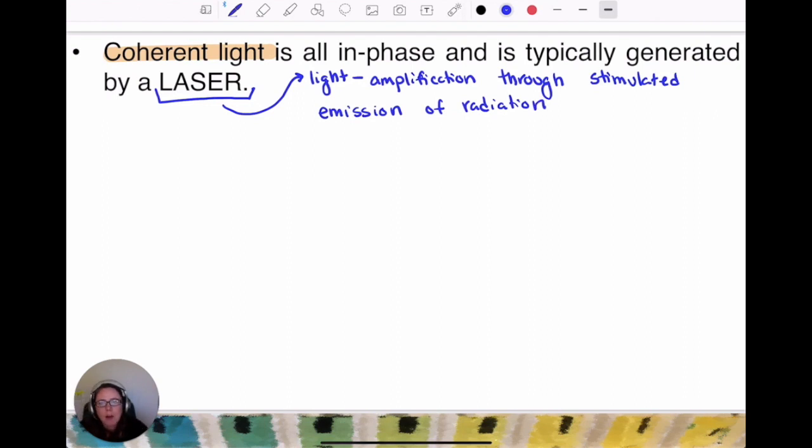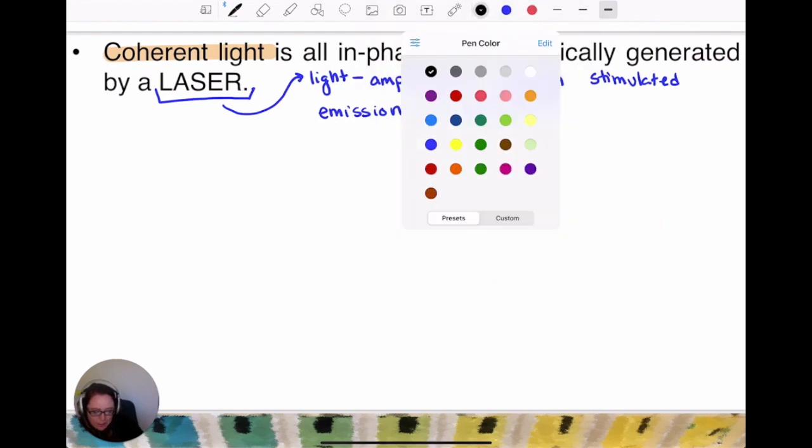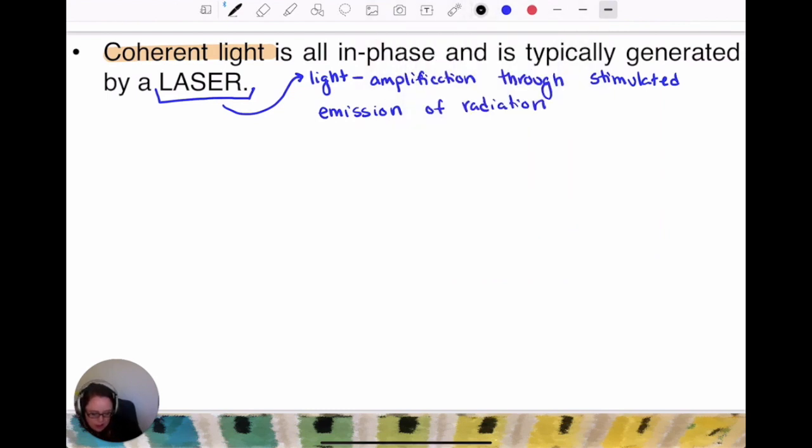A really popular type of laser in the physical sciences is a neodymium YAG laser, or Nd:YAG, and this is a type of really bright green laser. They're really powerful and can cause a lot of damage to your eyes, so you have to wear special goggles if you're in the room with one.